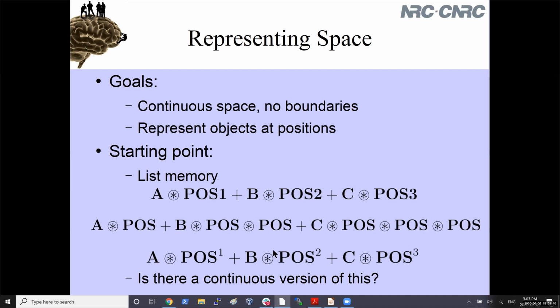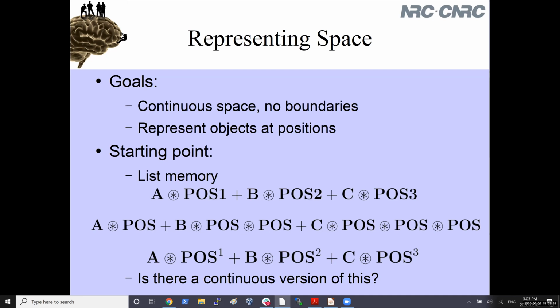And so this bottom row here is a bit of an abusive notation. I'm just using an exponent to indicate do the circular convolution operation multiple times. And what I started to ask, to represent space, is: hold on, is there a continuous version of that? That's really where this work started from.